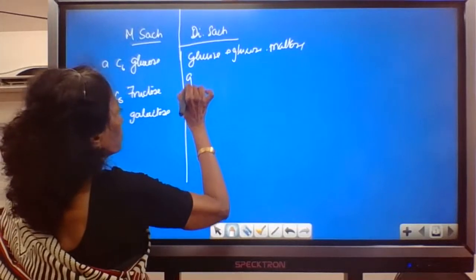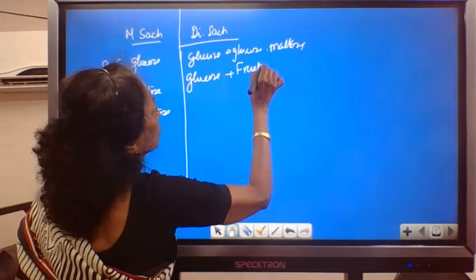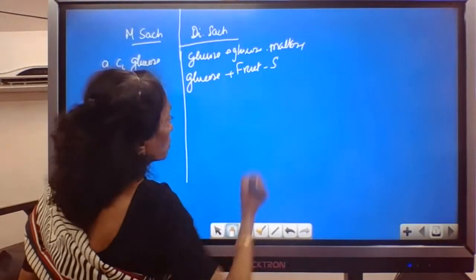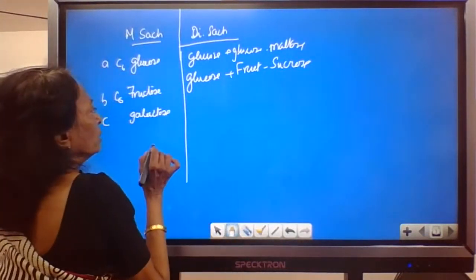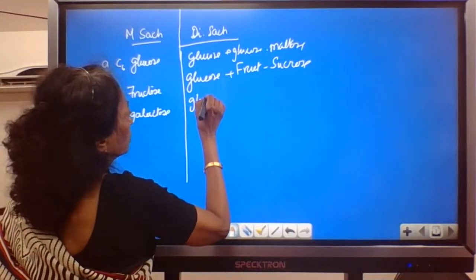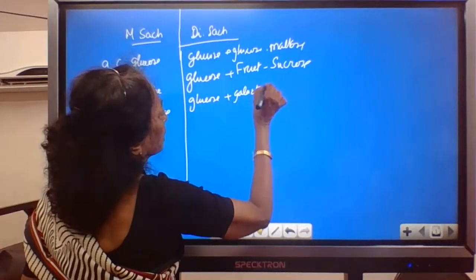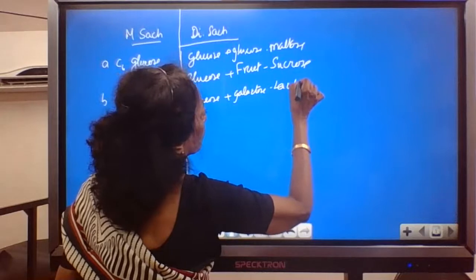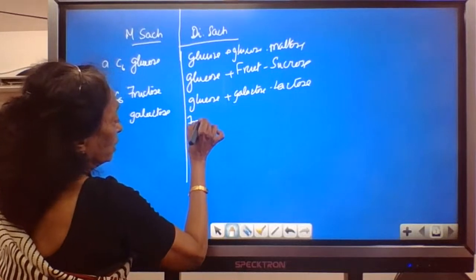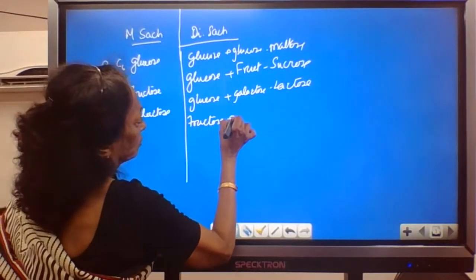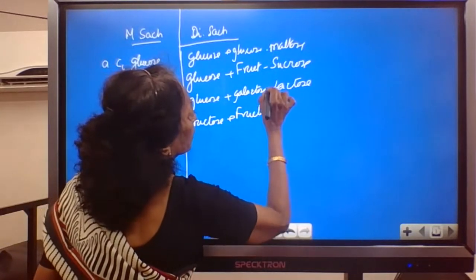Now glucose plus fructose, you call that sucrose, the sugar that you use in your coffee. Fructose is the fruit sugar. And glucose plus galactose, that is lactose. And there is only one disaccharide for fructose plus fructose, a peculiar one, inulin. It will give you inulin.